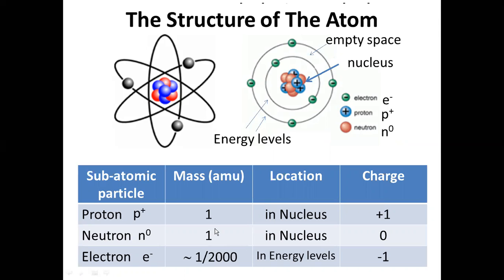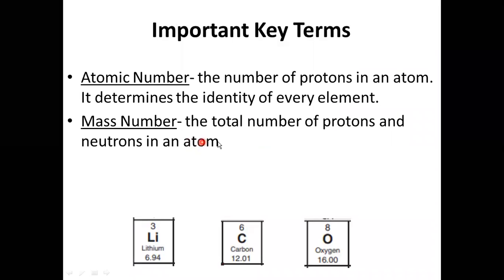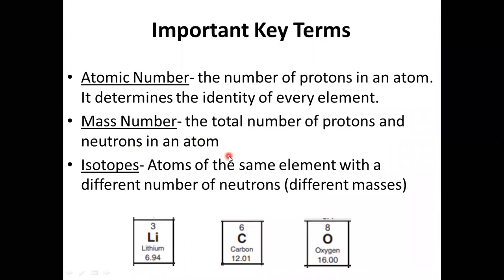So it's almost like the electron mass doesn't really count, and sometimes we ignore that. That's probably why, when we look at the definition of this thing called mass number, it includes only the number of protons and neutrons. The mass of an electron is thought to be insignificant.